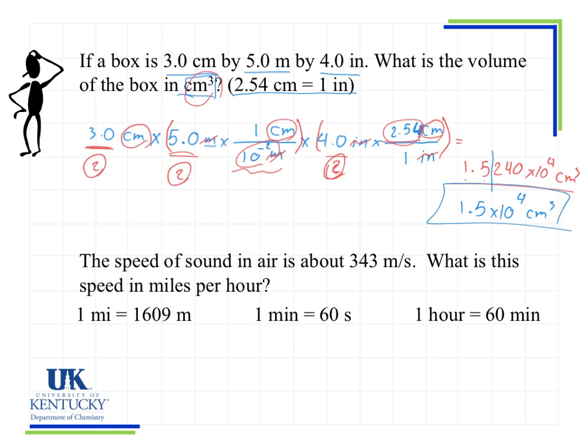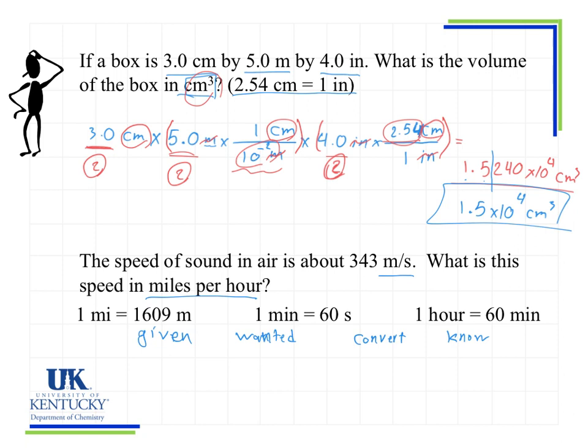Okay, so let's have another example. The speed of sound in air is about 343 meter over second. What is this speed in miles per hour? Again, let's write given, wanted, and conversion, and what we know about these conversions.